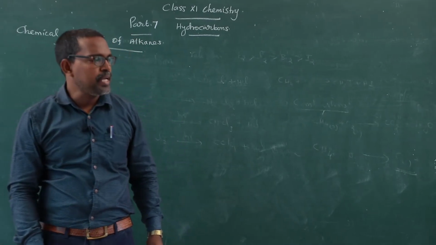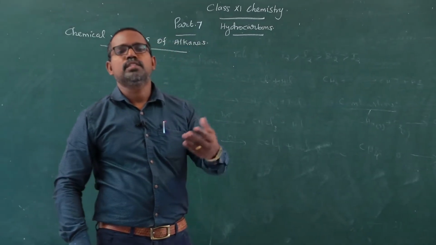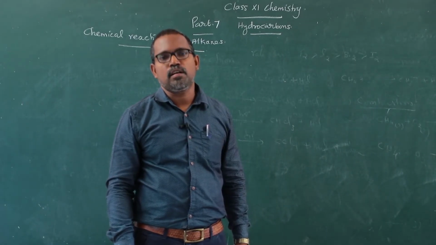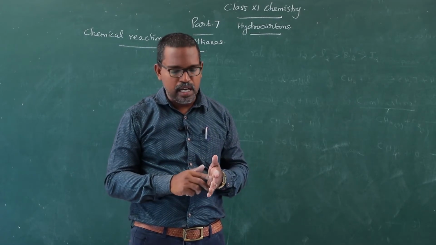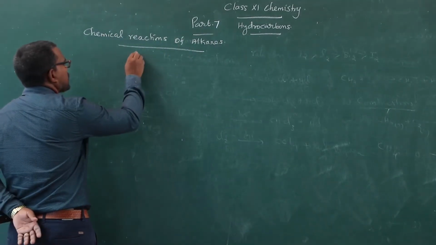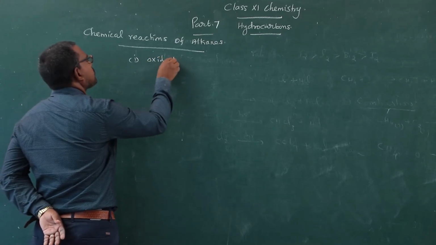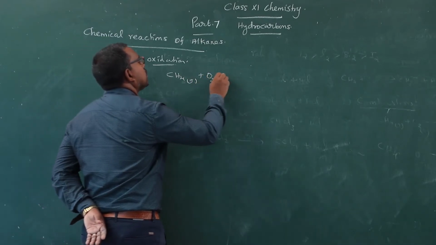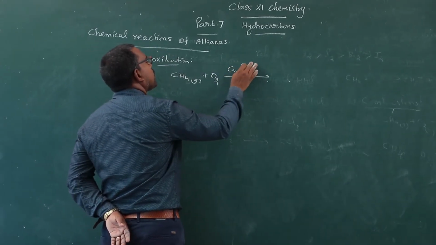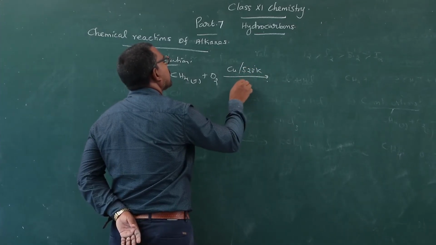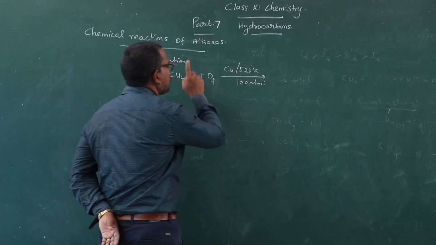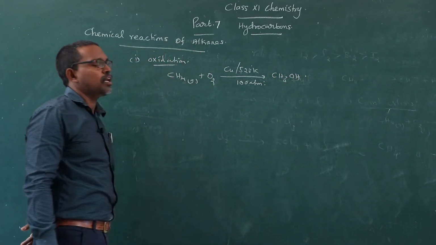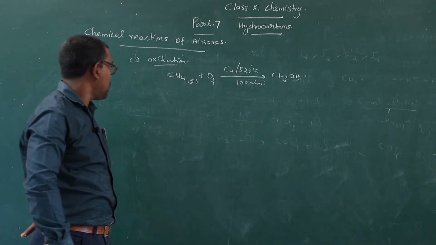For example, methane on oxidation in the presence of copper at 523 Kelvin and 100 atmospheric pressure, under controlled conditions, gives methyl alcohol as the product. That is the first reaction.